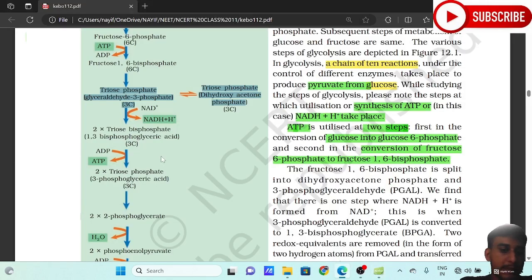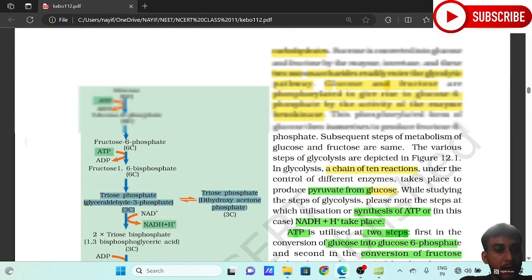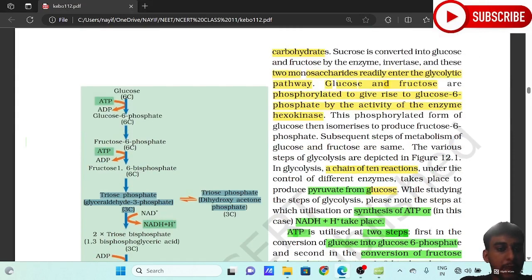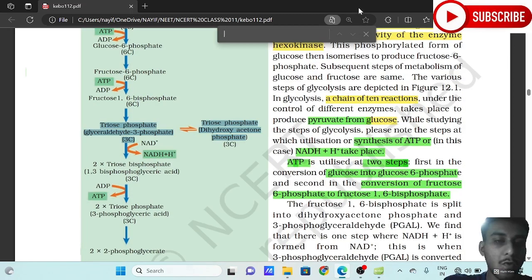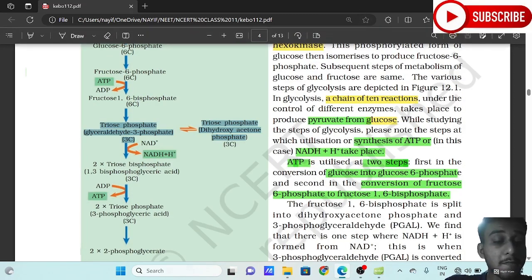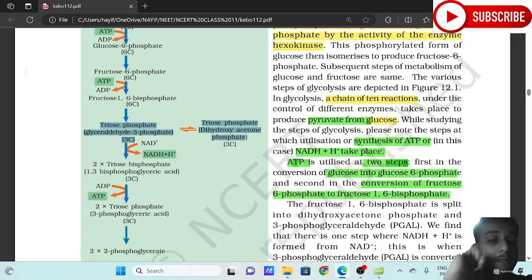Look, I will just say it once more. From the beginning, glucose to glucose 6-phosphate to fructose 6-phosphate, then to fructose 1,6-bisphosphate, which is a 6-carbon compound, is cleaved by the help of an aldolase enzyme into two 3-carbon compounds that we have discussed, which are glyceraldehyde 3-phosphate and DHAP.